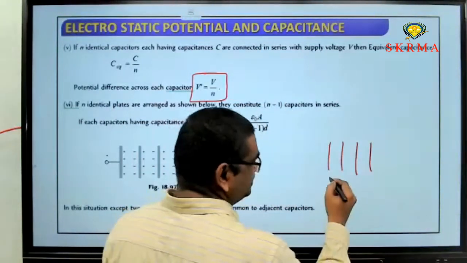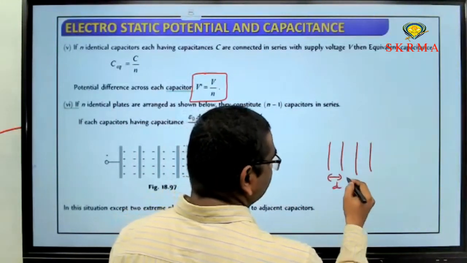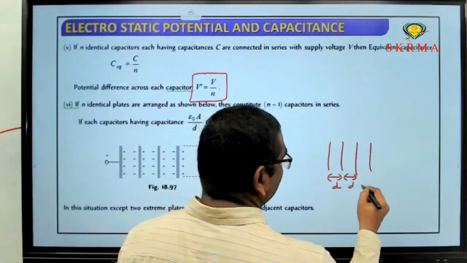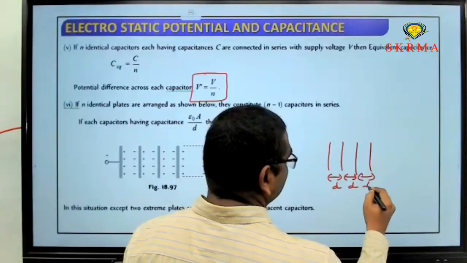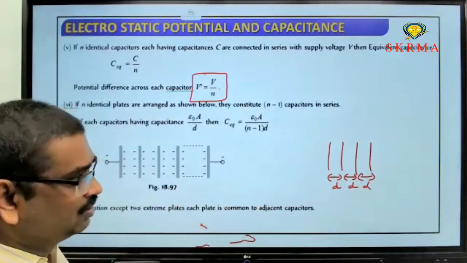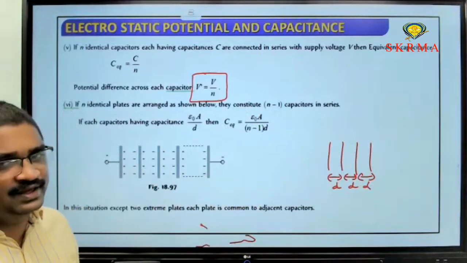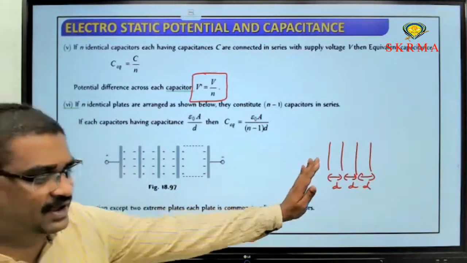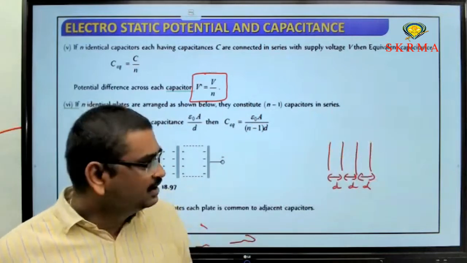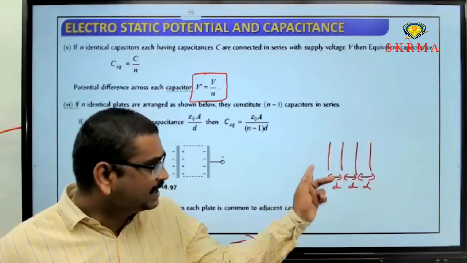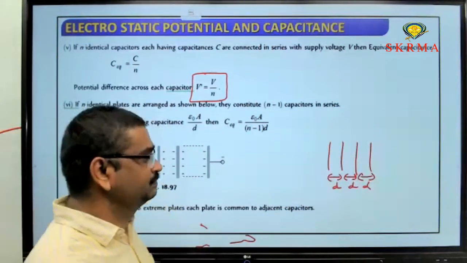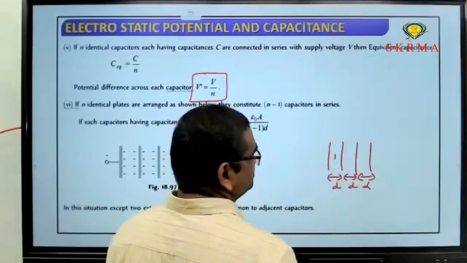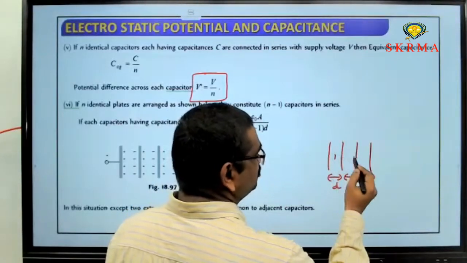Separation is how much? D, for this one D, for this one D. Now, how many capacitors are formed there? We need to take this as a series connection. Now check this diagram. How many capacitors are there? First capacitor, these 2 plates.